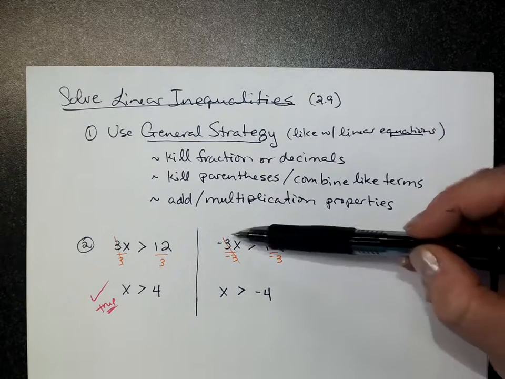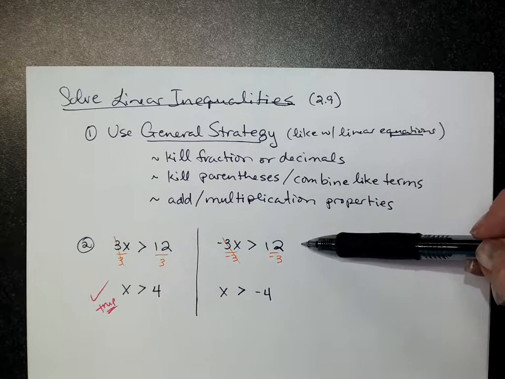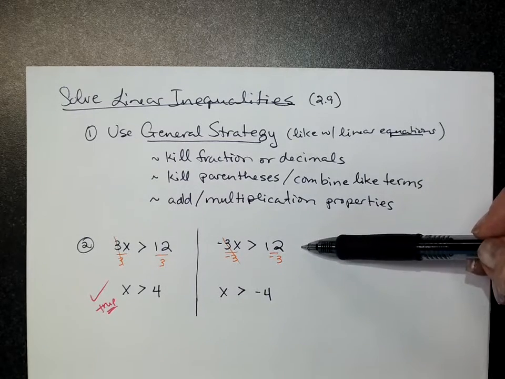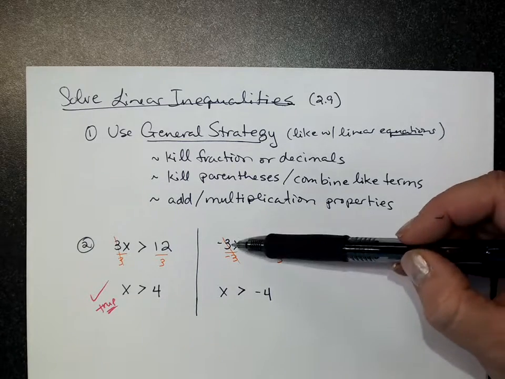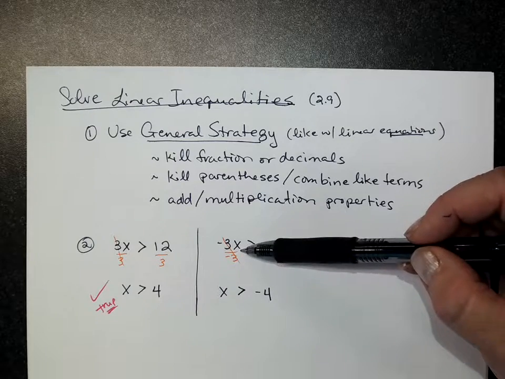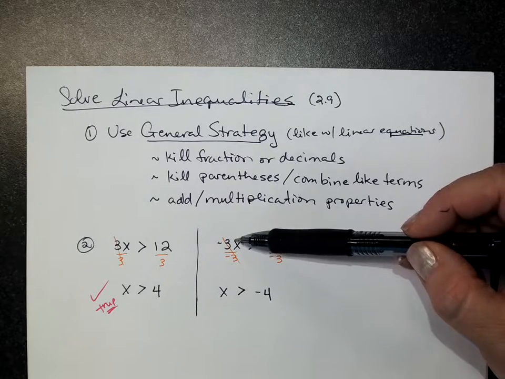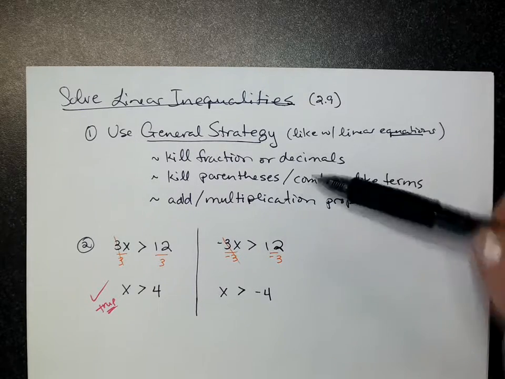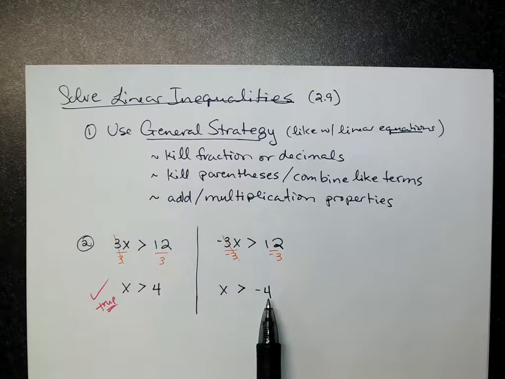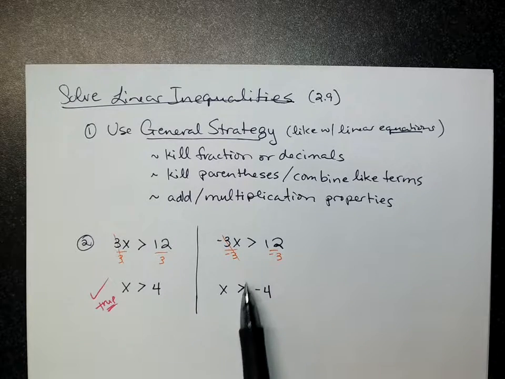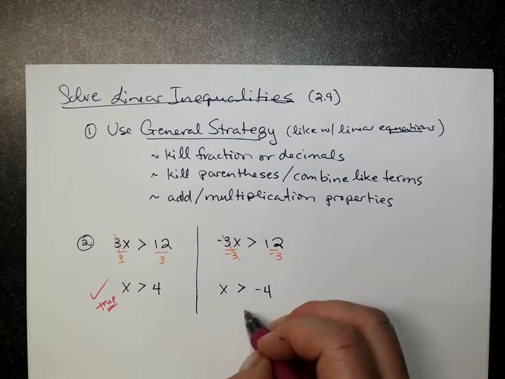Negative 3 times 0 is 0. Is 0 greater than 12? No. What about a number less than negative 4, like negative 10? Careful: negative 3 times negative 10 is positive 30. Is that greater than 12? Yeah. So something greater than negative 4 made it false, but something less than negative 4 made it true. So this statement is false.